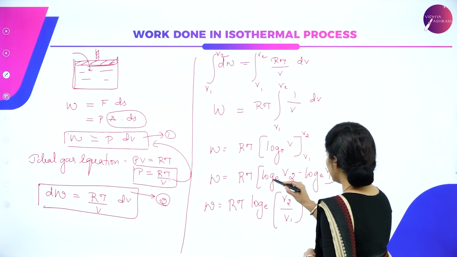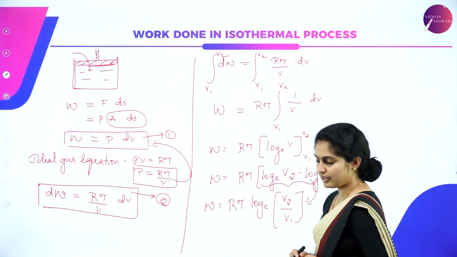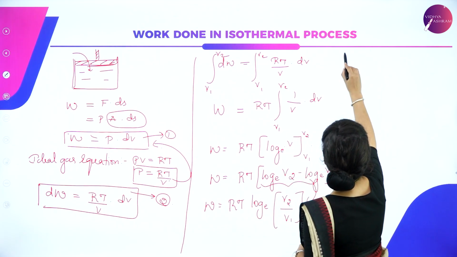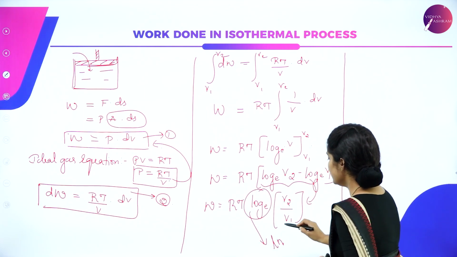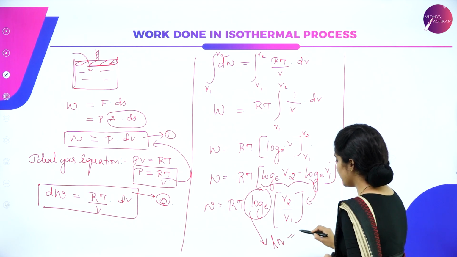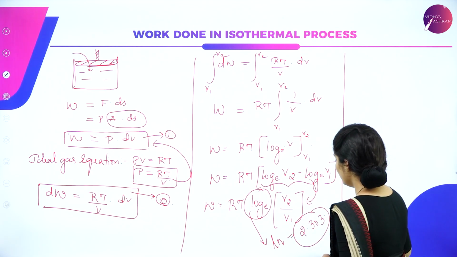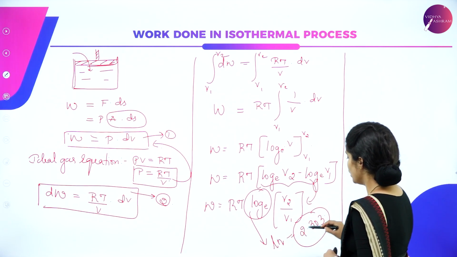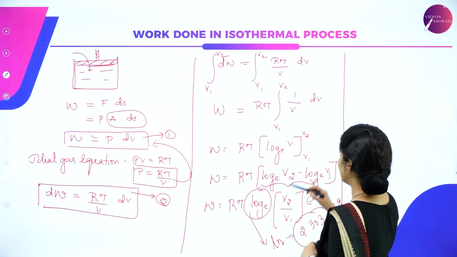This is the formula. Suppose you want to convert log to the base e, which is also called the ln function, then you use 2.303. Multiplying 2.303 with log gives you the ln value.